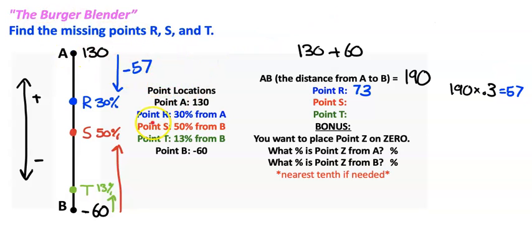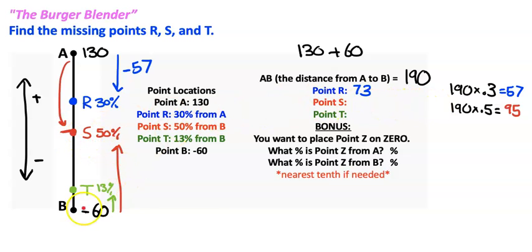All right, let's do point S. Okay, so we still got to use 190 again. Basically chop it in half. When you chop 190 in half, you get a number. I have it written down right here, 95. Here we go. All right, so that's not the answer. That's the jump. So either you can go up from negative 60 or you can go down from 130. 50% is right in the middle, so it doesn't matter if you're going down or if you're going up, it's the same jump.